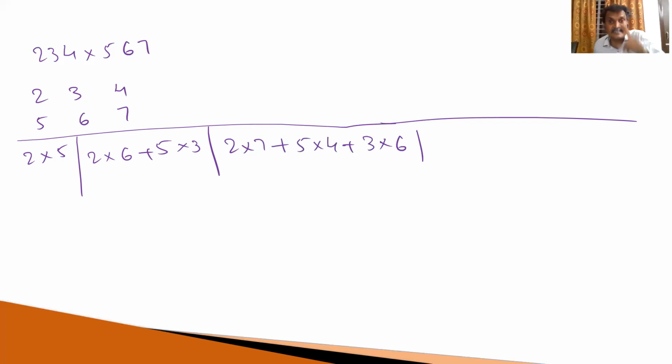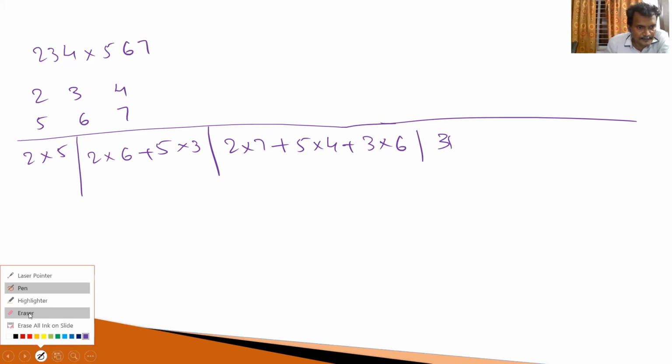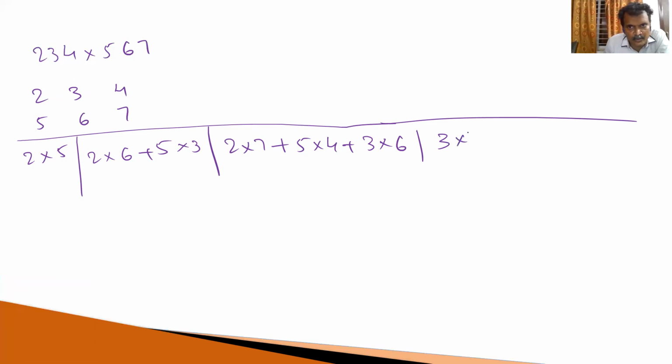What next? Tens place. How will you get tens place? Tens into unit. So 3 into 7 plus 4 into 6. So tens is also over. What is the last one? That is unit digit. That is 4 into 7.